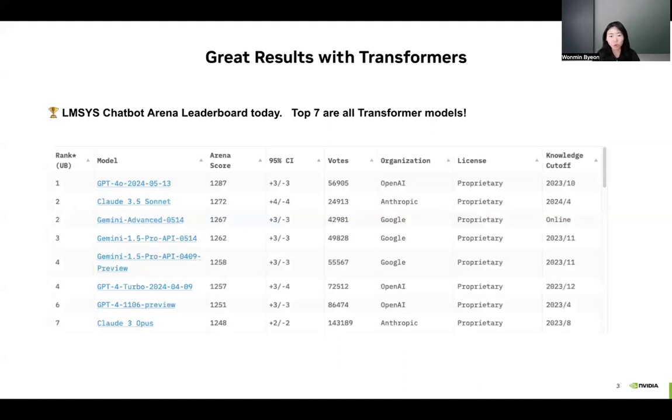As we all know, transformers have great performance. This is one of the most famous chatbot leaderboards today, and all these top 7 models are transformers. A lot of companies, including NVIDIA, try to scale transformer models to make them even better.